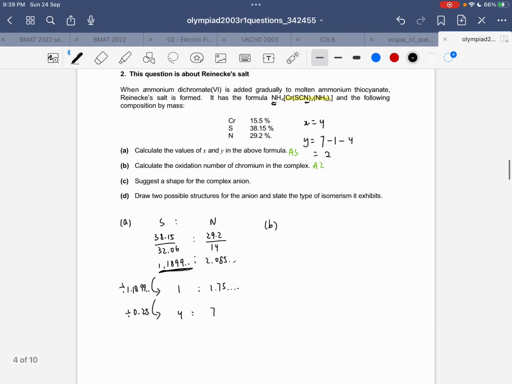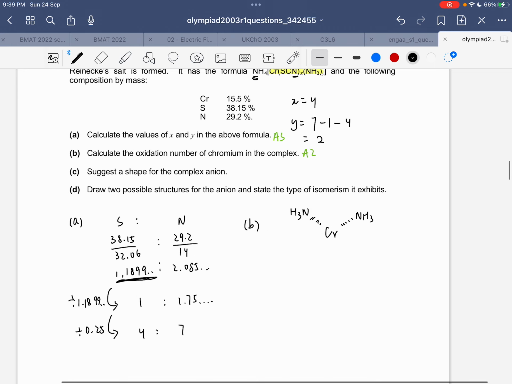Let me just draw the complex out. So we have chromium as the center of the complex, and it is joined to two ammonia groups and 4 SCN groups.